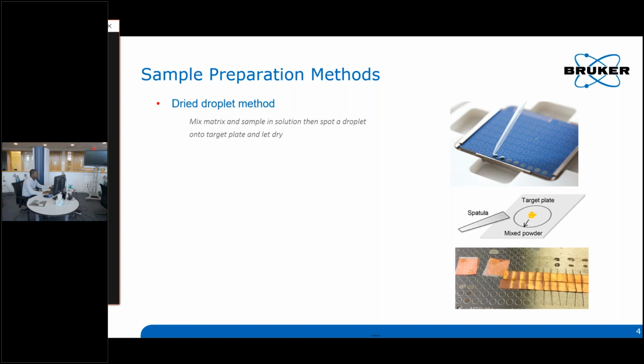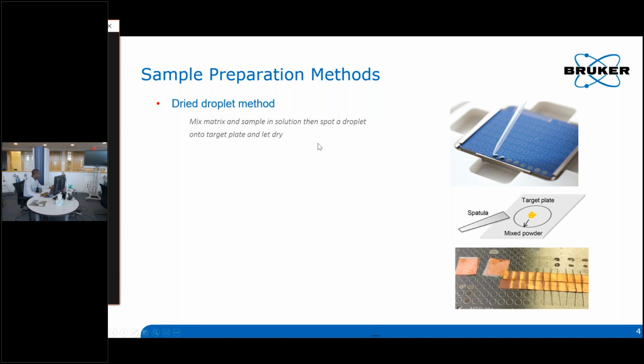Just to get started, I wanted to go through some of the sample prep methods that you need before you get to the point of analysis for MALDI. Number one is the dry droplet method. This is the method that is more suitable for soluble samples.